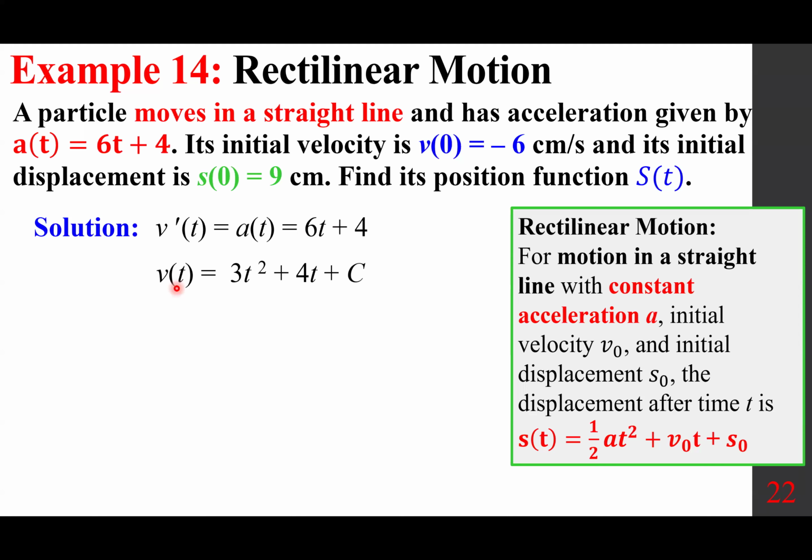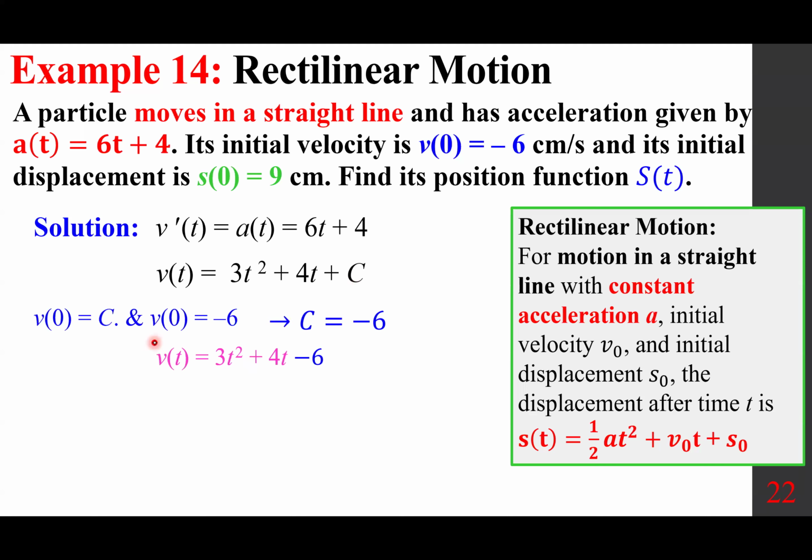Now, we know that v of 0 is negative 6, so if we use it here, we can find the missing constant. v of 0 is c, or v of 0 is minus 6. Just plug in. If you plug in 0, this goes away, c becomes minus 6.